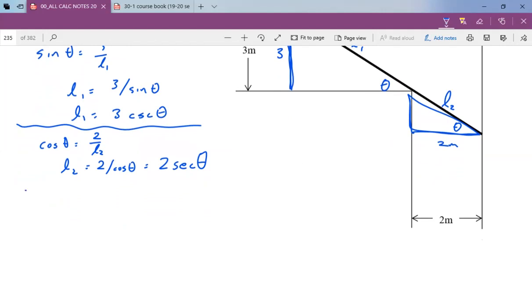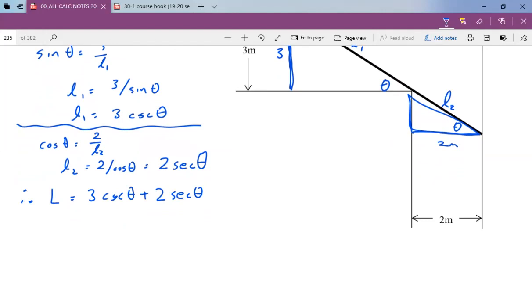So putting that together, therefore, L is L1 plus L2, so it's 3 cosecant theta plus 2 secant theta. That's what we're trying to maximize, the length of this ladder.